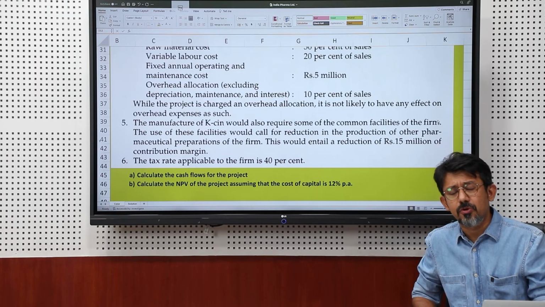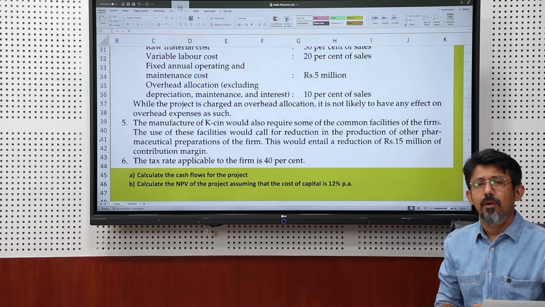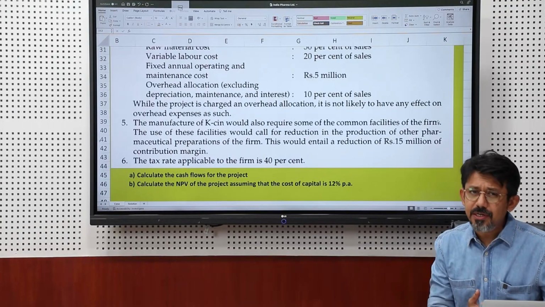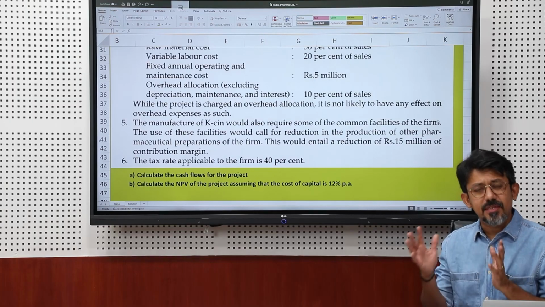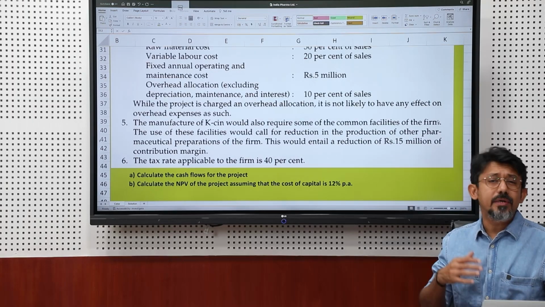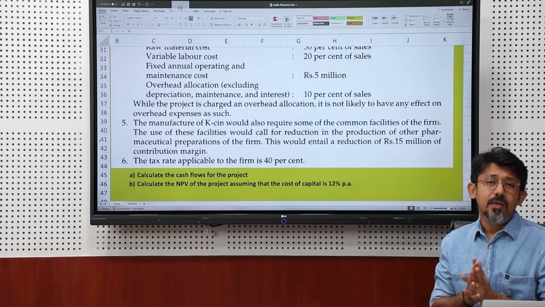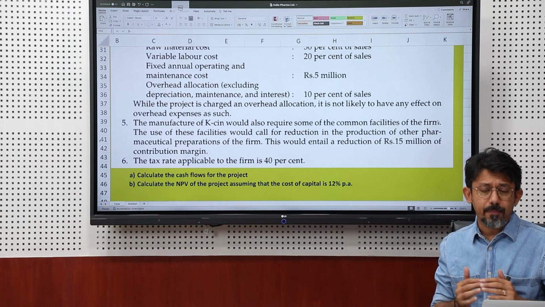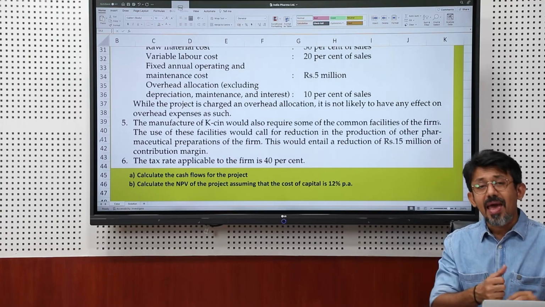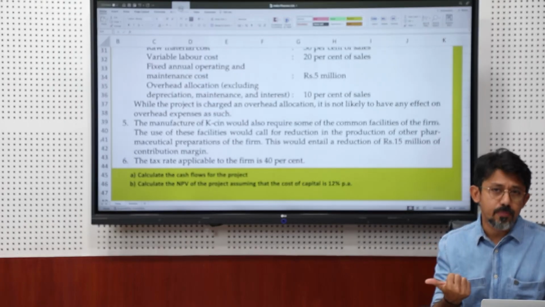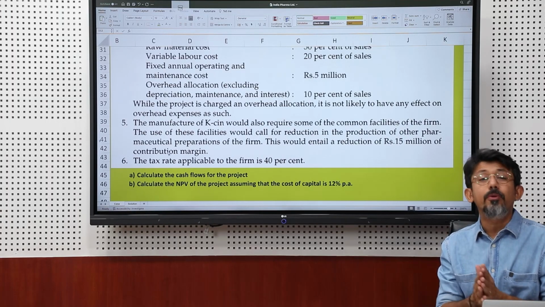Now, these common facilities could be production department manpower that you are using, or let us say you are taking services of the packaging department, any ancillary service department which is an existing resource which will be diverted to manufacture of Casin, as a result of which the sales of existing products will drop, which therefore means that there is an opportunity loss happening somewhere else as a result of launching this new product. And you are told this would entail a reduction of 15 million of contribution margin.